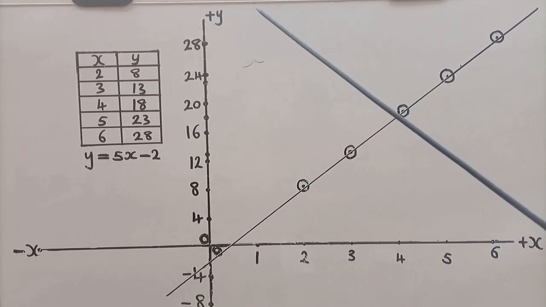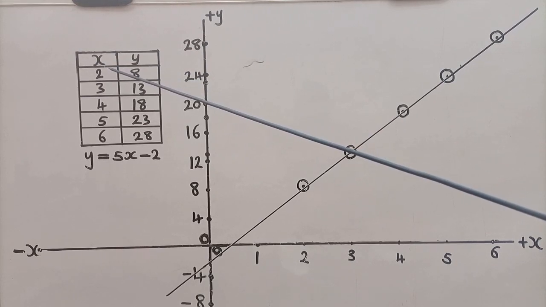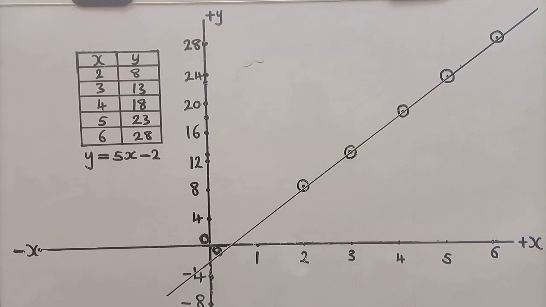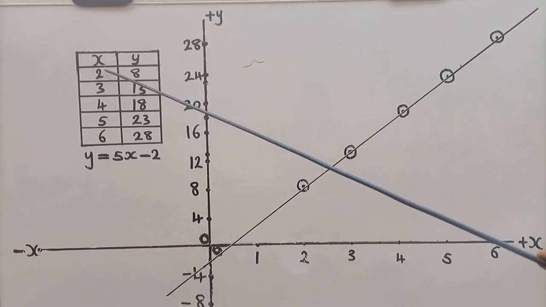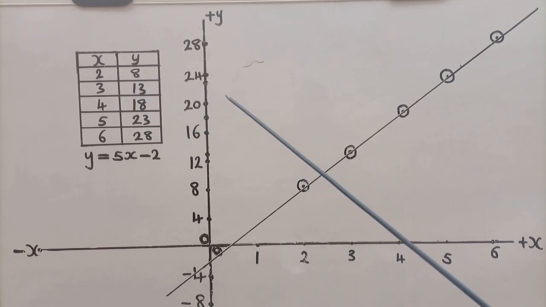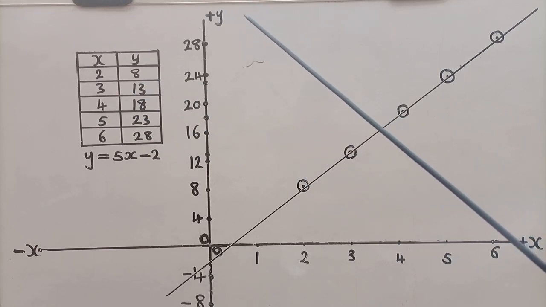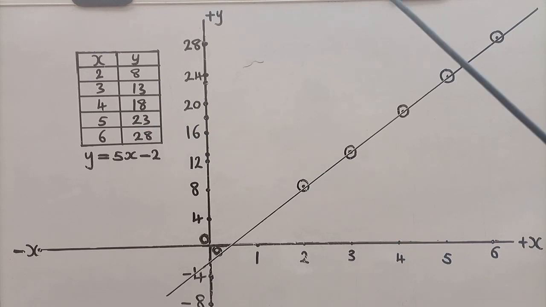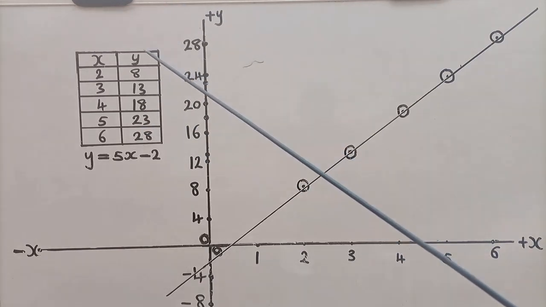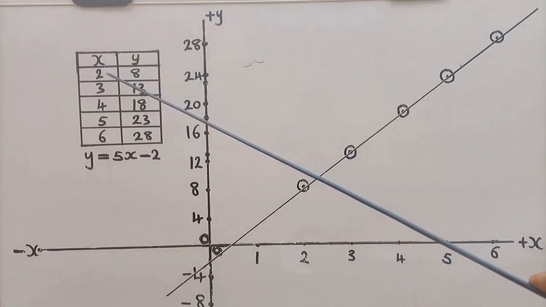As before, we check whether the changes in x are regular. That is, whether the same change occurs throughout the figures from 2 to 6, and the same change occurs from 8 down to 28.